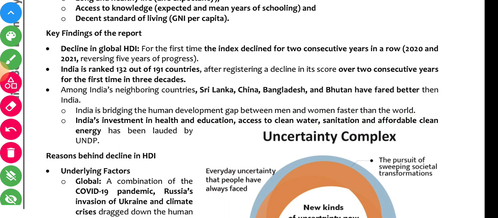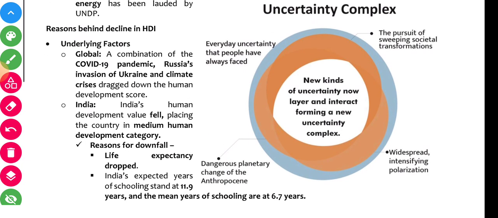the United Nations Development Programme. Reasons behind the decline of the Human Development Index in India as well as at the global level. Underlying factors at the global level: the COVID-19 pandemic, the Russian invasion of Ukraine, and the climate crisis drag down the human development score.